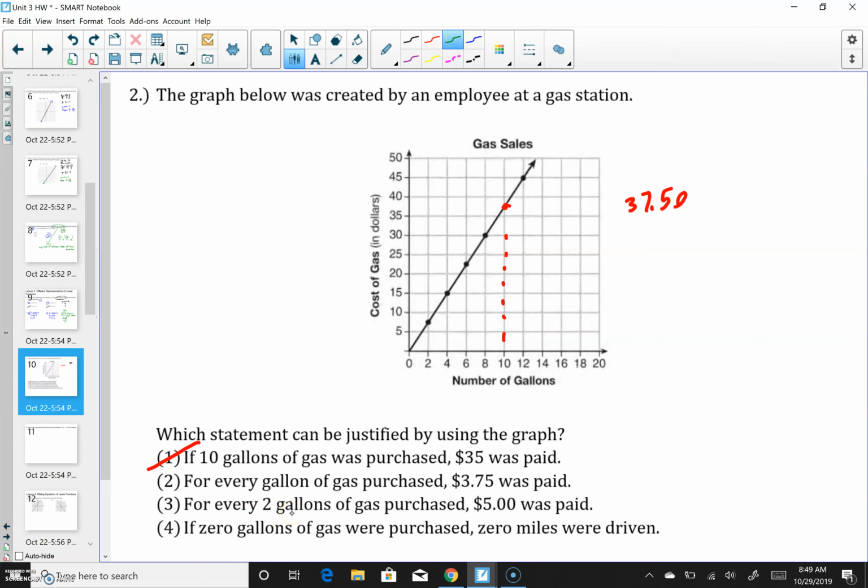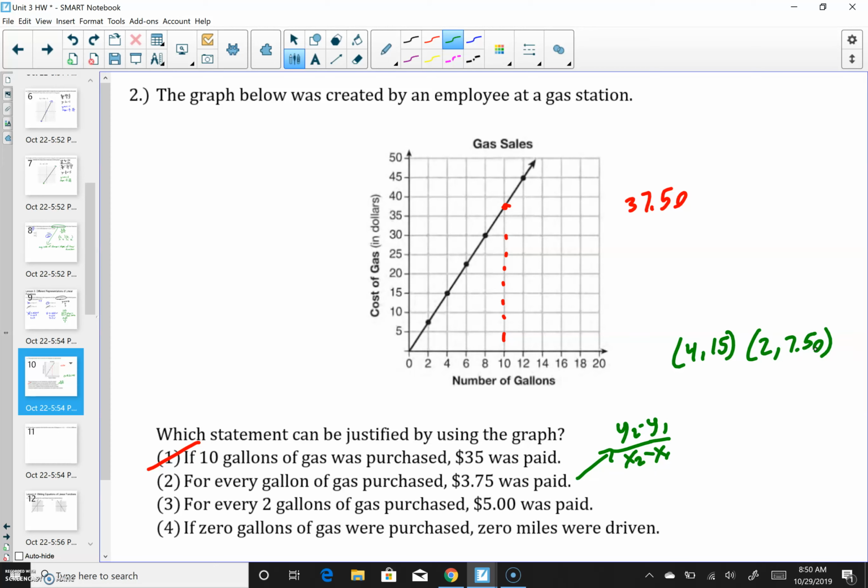For every gallon of gas purchased, $3.75 was paid. This looks like an average rate of change type of question. So you're going to want to pick 2 points here. I'm going to pick the points (4, 15) and the point (2, and what appears to be 7.5).